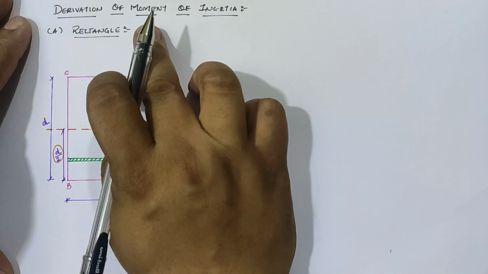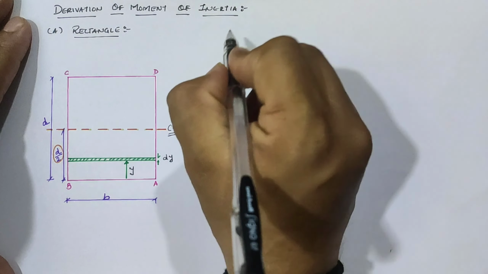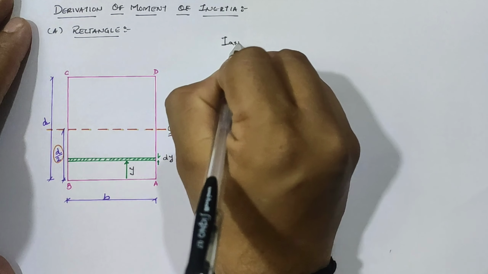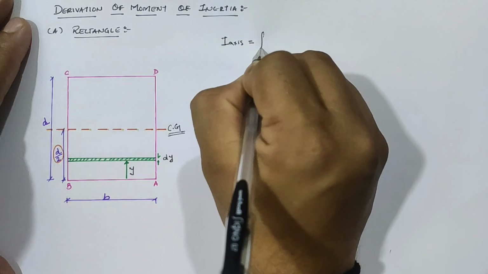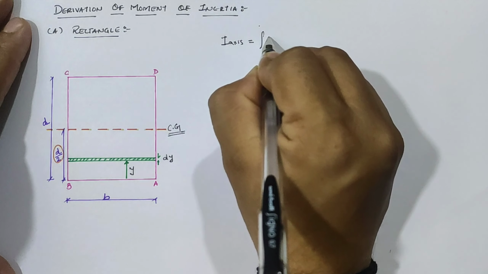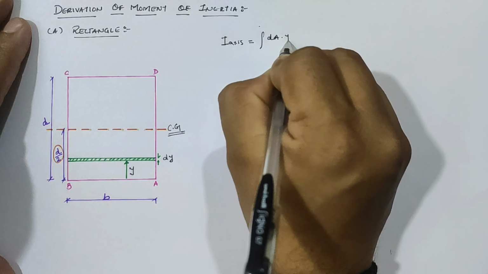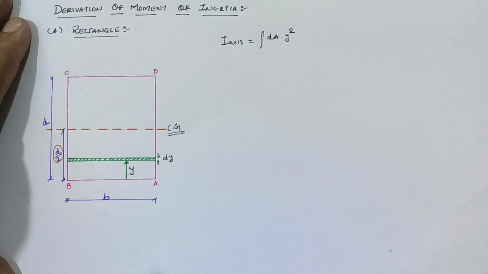Then according to the equation of moment of inertia, I axis can be calculated by integration over the element of dA into y square.